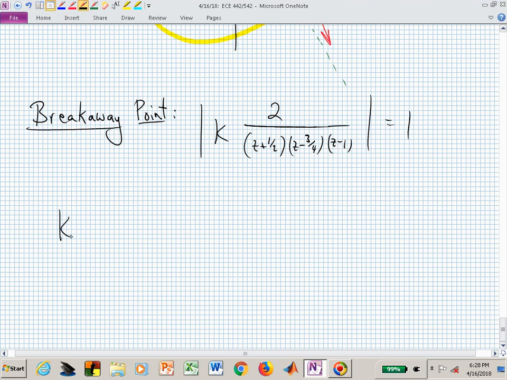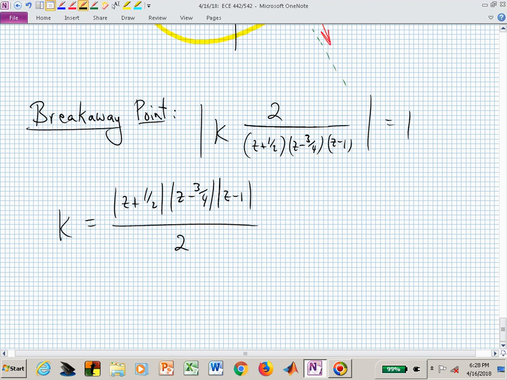And now what do we do? Well, first I would solve it for k. K I'm assuming is positive, so it pulls out of the absolute value operators, and we can put all of that other stuff on the right-hand side of the equality sign, and we have the magnitude of (z plus 1/2)(z minus 3/4)(z minus 1), all divided by 2.